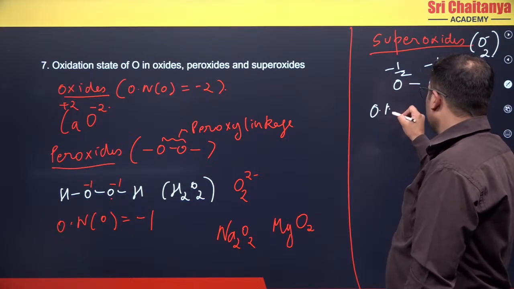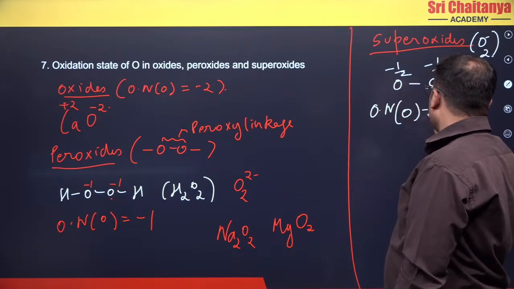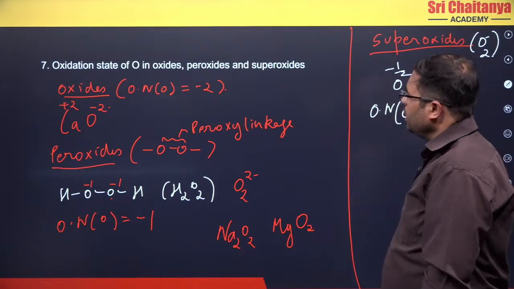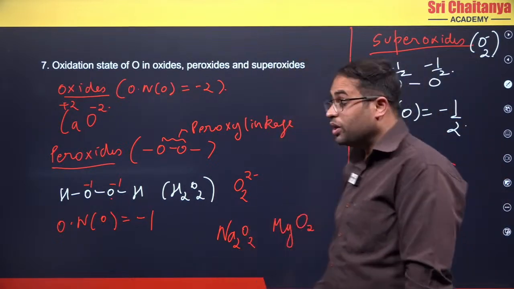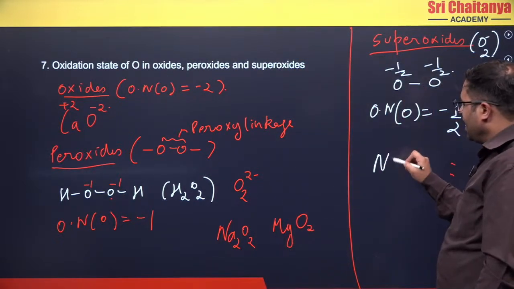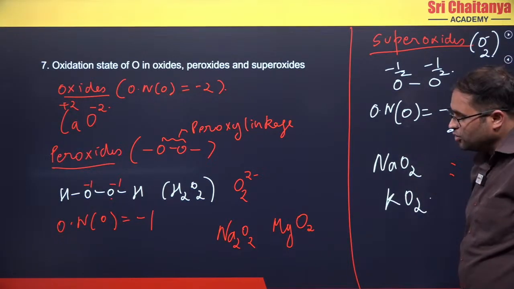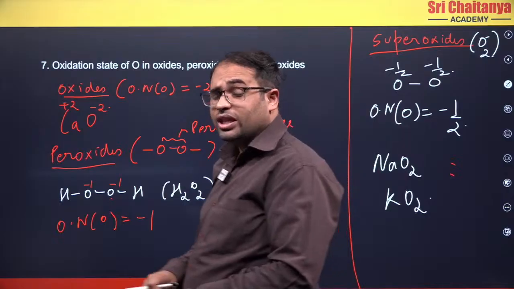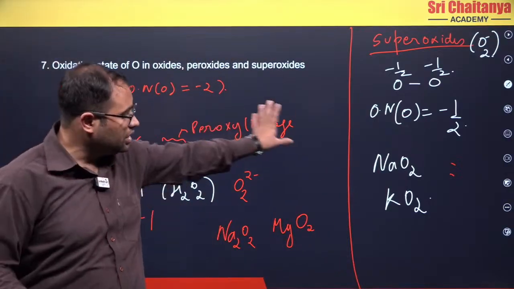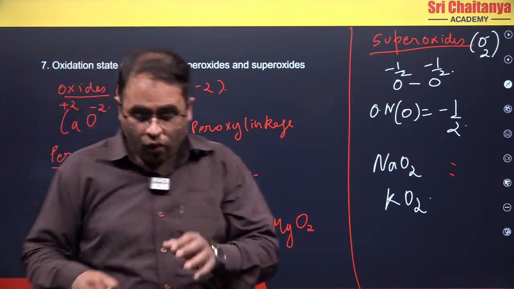So the oxidation number here is -half. Those are superoxides like NaO2, KO2. So oxygen can have a number of oxidation states based on what kind of oxide it is in.